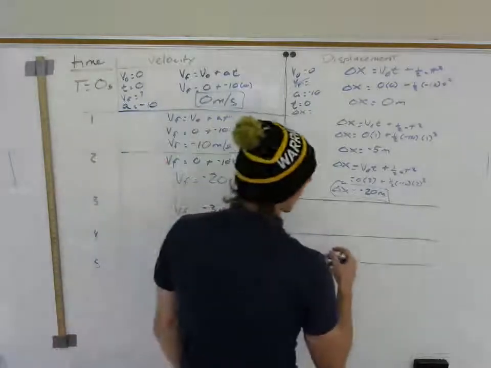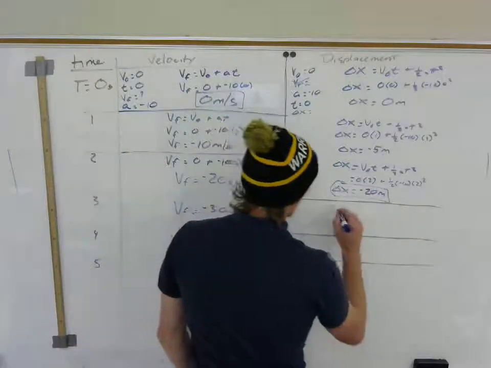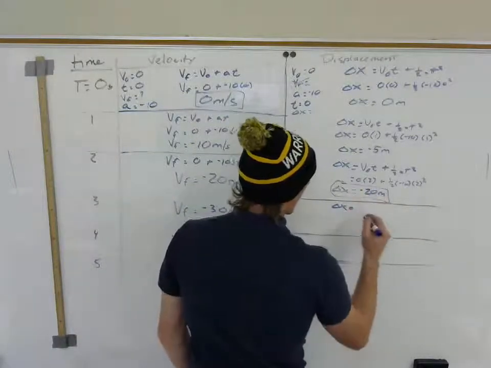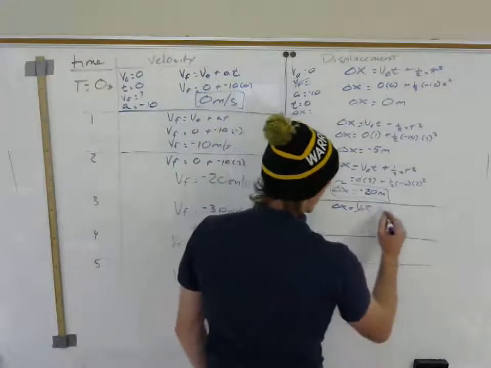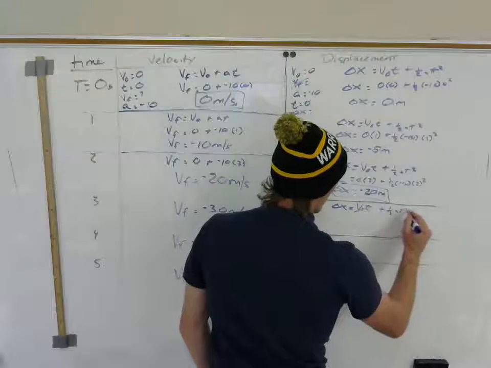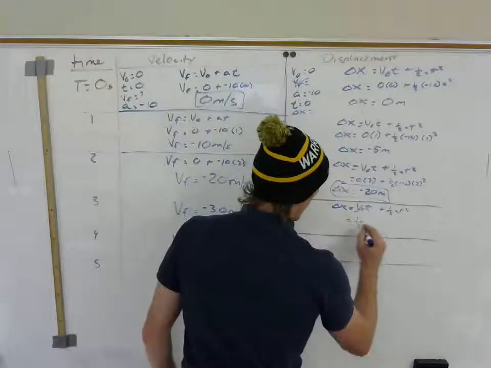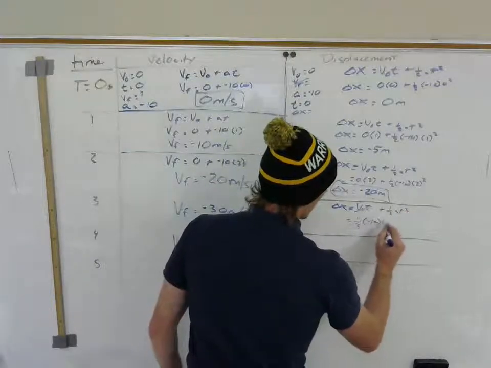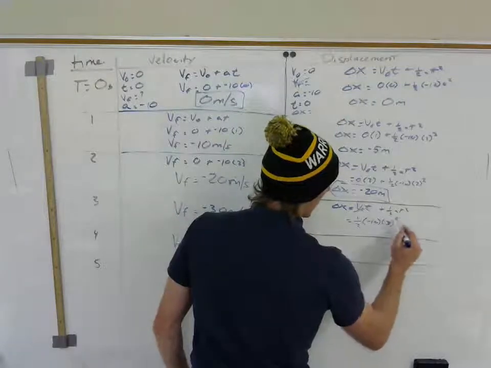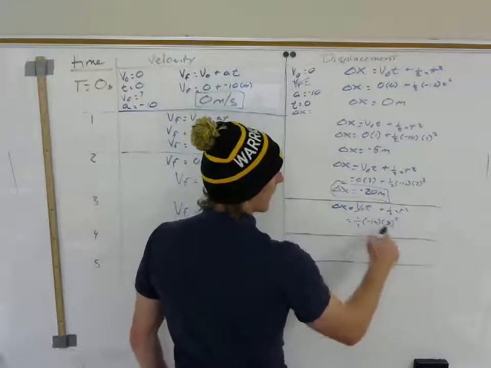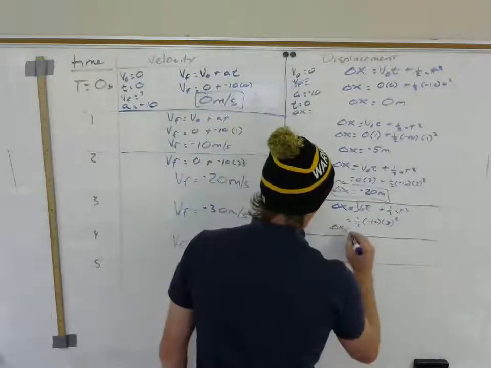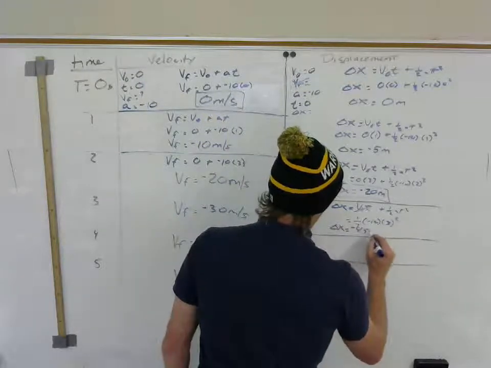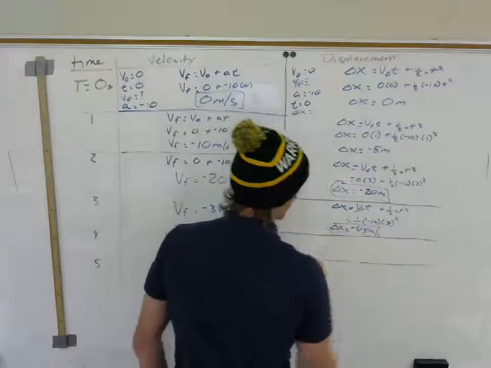So we just plug in for the next one. Now we should notice that the initial velocity term is 0 because it's a dropping problem, so that gets eliminated. Plus 1/2 at squared. So it's 1/2 times -10 times 3 squared. 3 squared is 9, times -10 is -90. Half of that is -45. So it equals -45 meters.